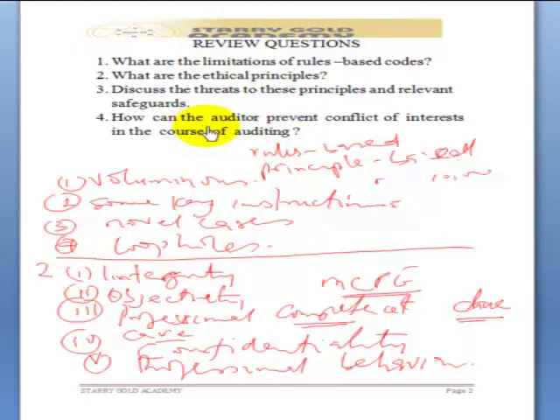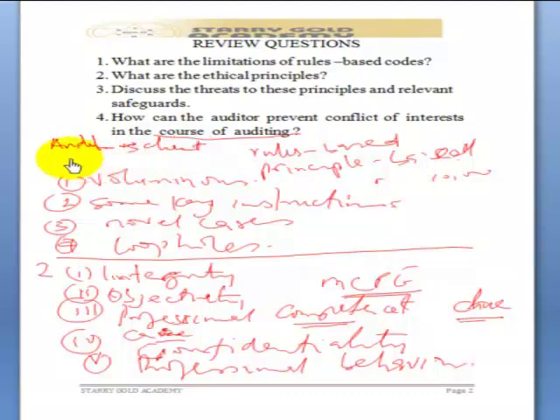Now, the fourth question says, how can the auditor prevent conflict of interest in the course of auditing. Okay, conflict of interest could occur between the auditor and the client, auditor versus client.